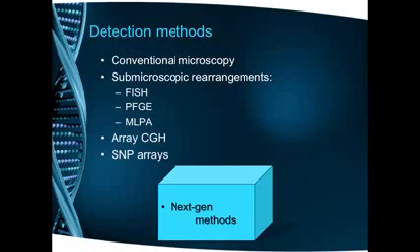Other methods that are not locus-specific that I already touched on are array CGH and SNP arrays, and with next-generation methods, the advantage there is that you can basically use read number as a surrogate for copy number. So it's an indirect measurement, but it is very helpful, and you can use these methods as well.